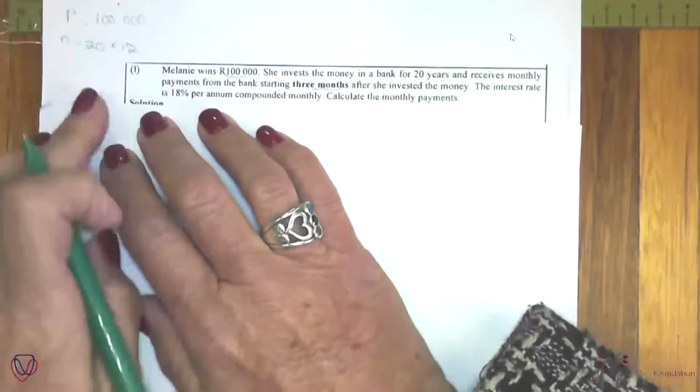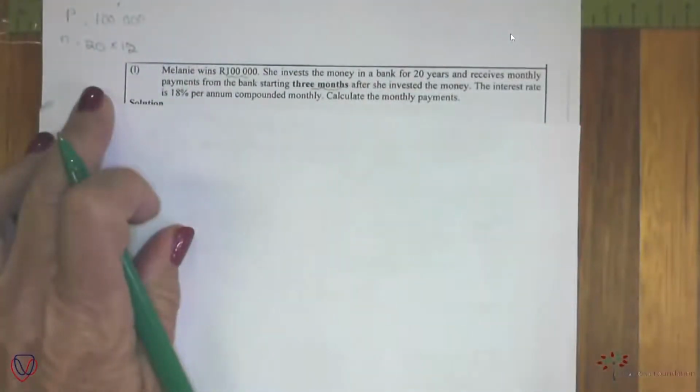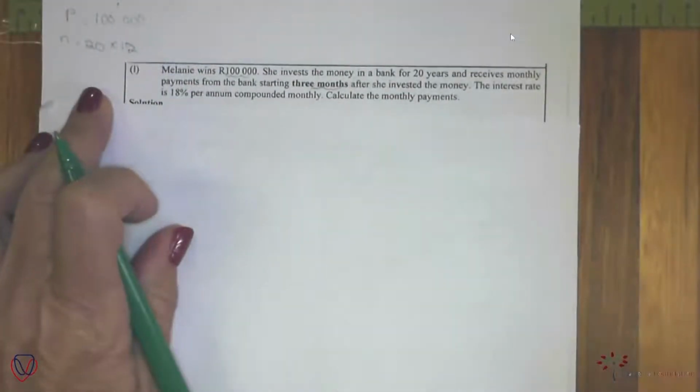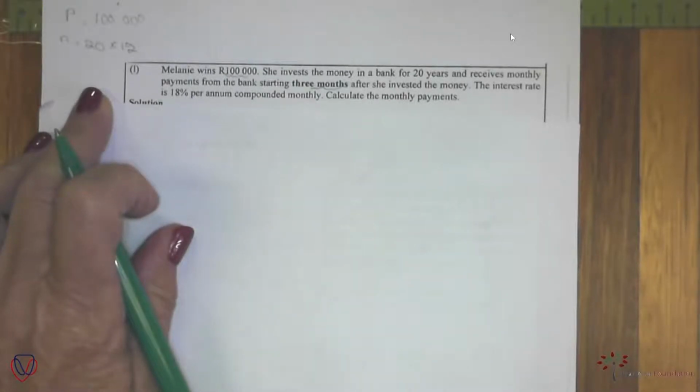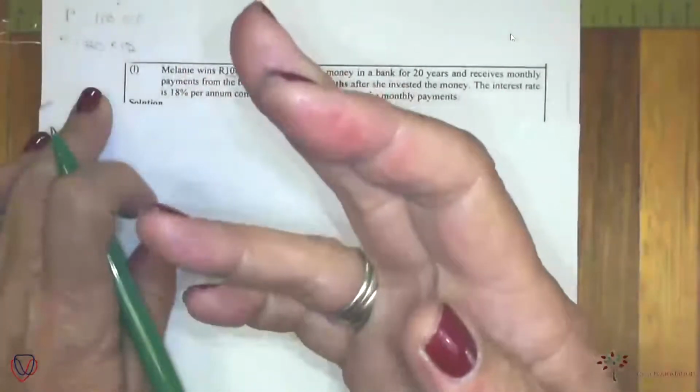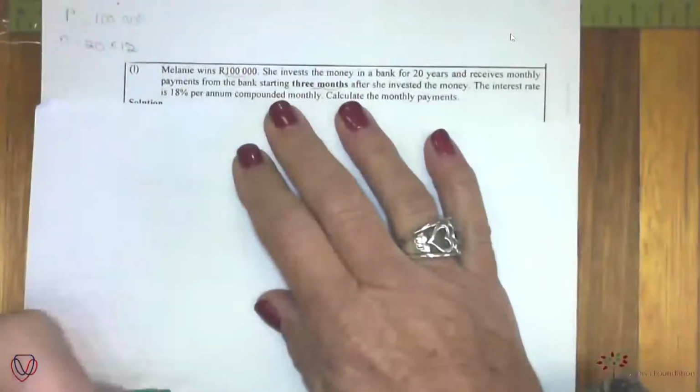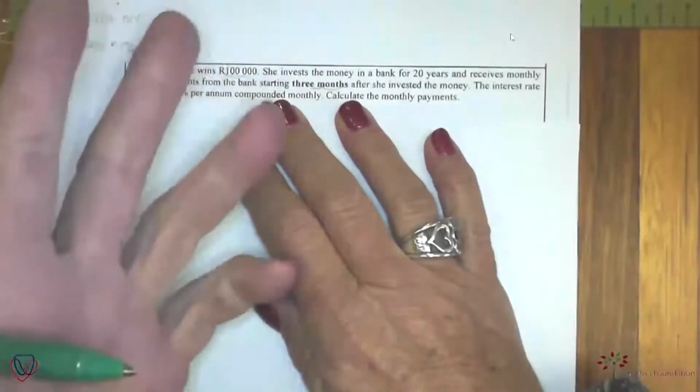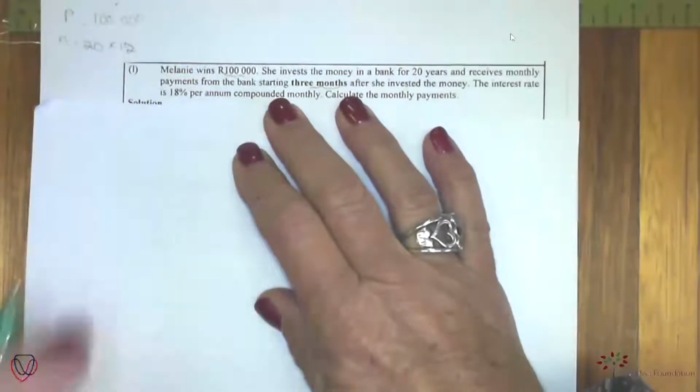but because she only started 3 months after, now, if I say 3 months after she invested the money, it means she started getting money at the end of March because she invested at the beginning of the year, January, February, at the end of the 3rd month, because then 3 months is over. So, March, April, May, June, July, August, September, October, November, December is 10 months.